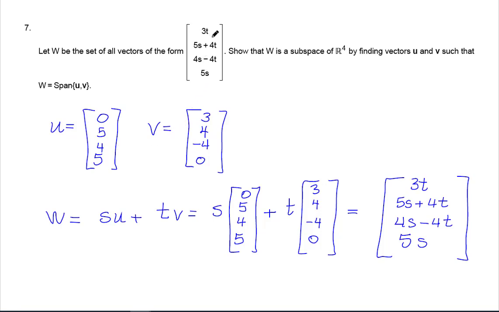All the parts that have a t in it, a 3, a 4, a minus 4, and a 0. So what you can see is if you form the span of u and v, which is s times the first, t times the second, then you will get a subspace of R4, and it is spanned by these two vectors.